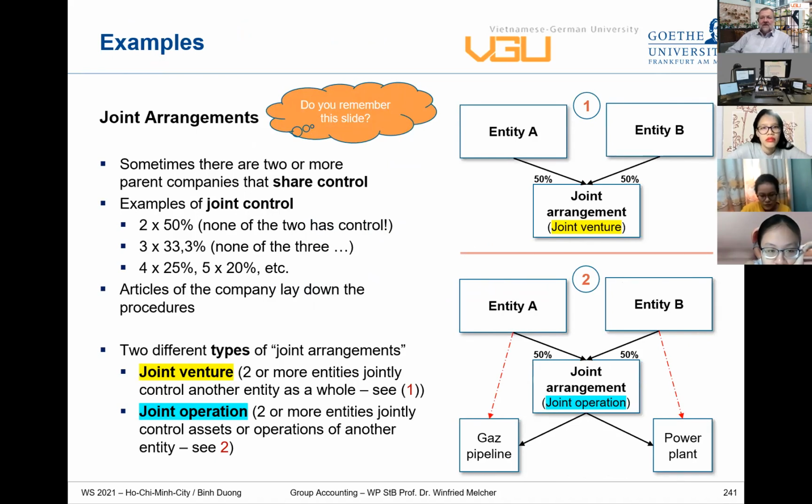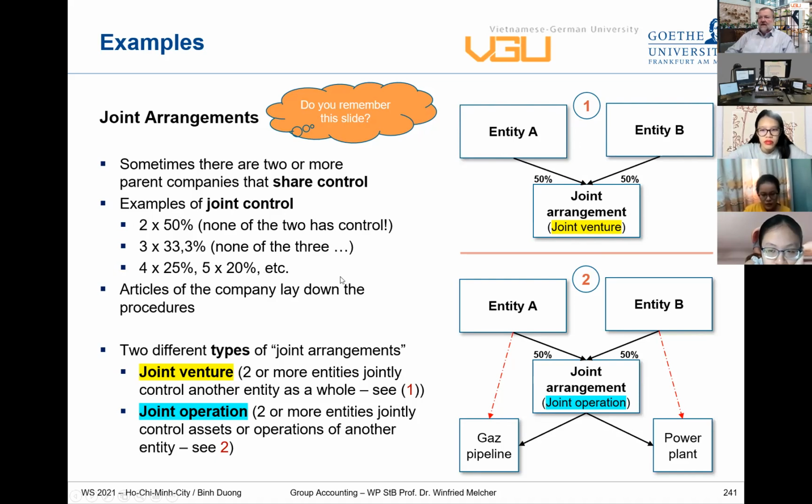We have shared control in a company when we have two parents or two entities that are jointly controlling another entity, and that entity is called a joint arrangement. So the joint arrangement could be a joint venture.